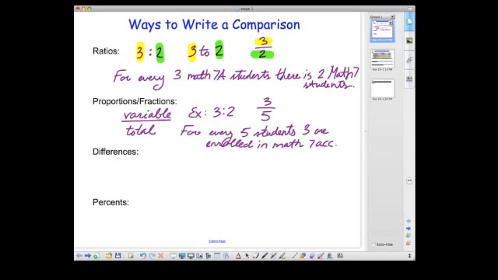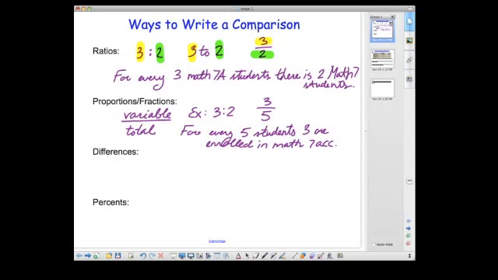So again, you're looking at a variable over the total number of people. Whenever something asks you for a proportion, you have to know that you have to find the total. So if it only gives you a couple of instances, you want to make sure that you're referencing the total accurately.